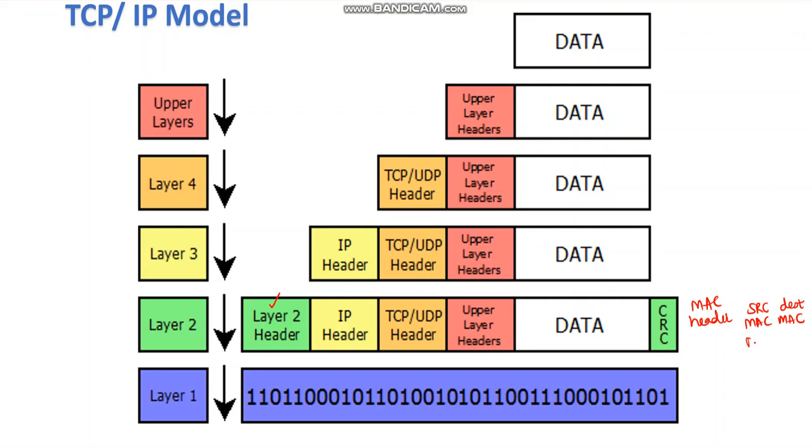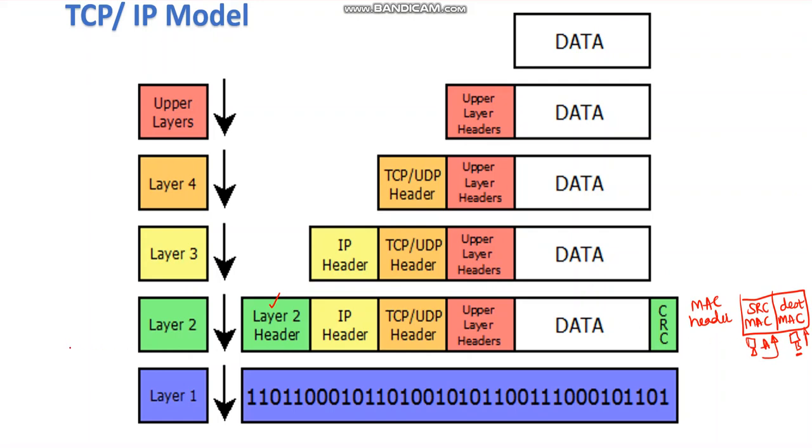So when host A sends to host B, the destination MAC is nothing but host B's hardware address. When host A is sending, it appends the source MAC, which is nothing but the hardware address of host A.